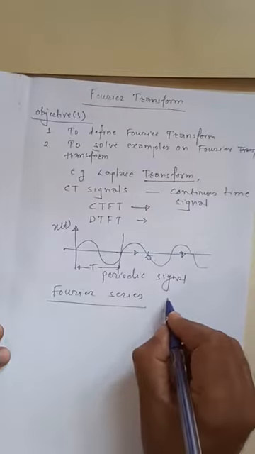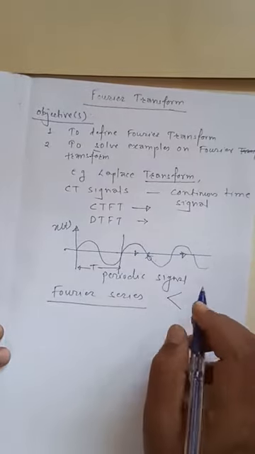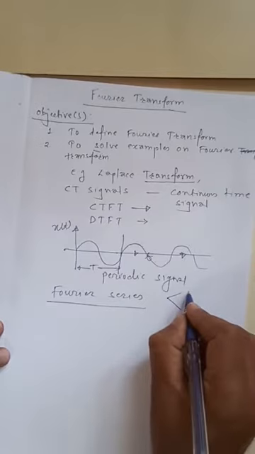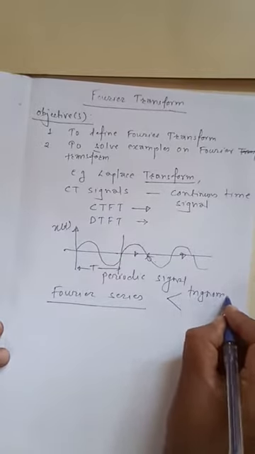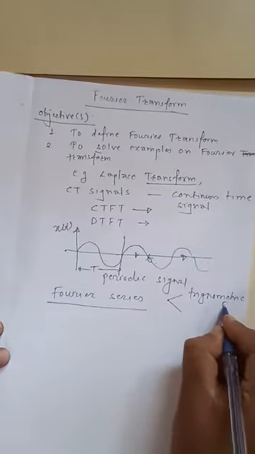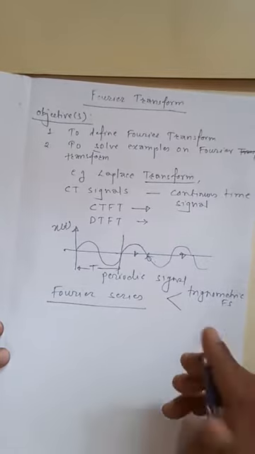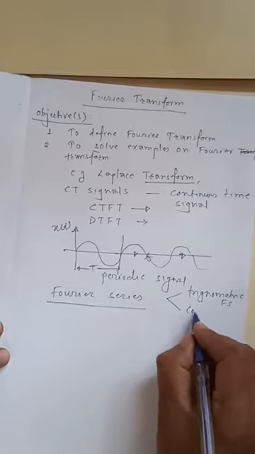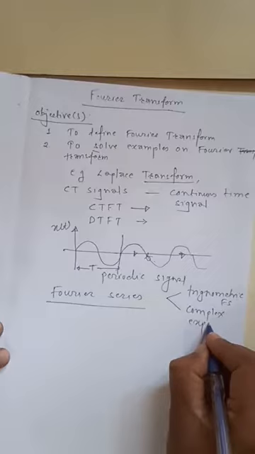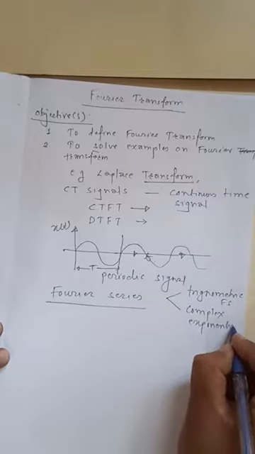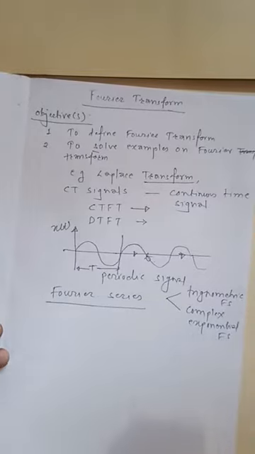You can represent the periodic signal using the trigonometric Fourier series. Another version is the complex exponential Fourier series representation.